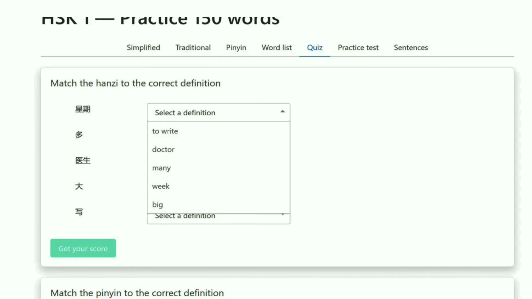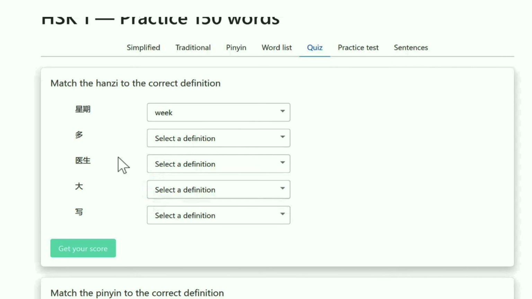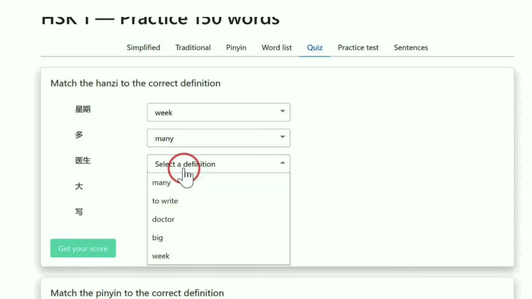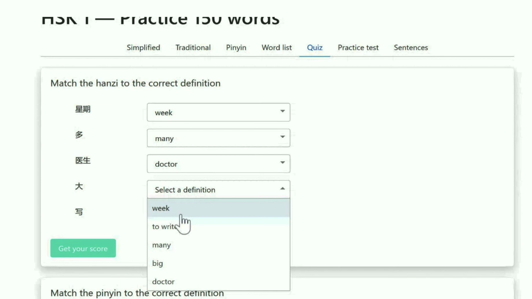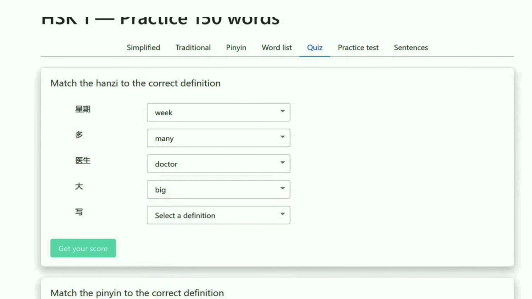Let's say if you're not sure what it means, and then you can leave it there and go on to the next one. In this case, 星期, I know that means week, okay? And the next one, 多, that means many, and 医生, which is doctor, 大, that is big, 写, to write.